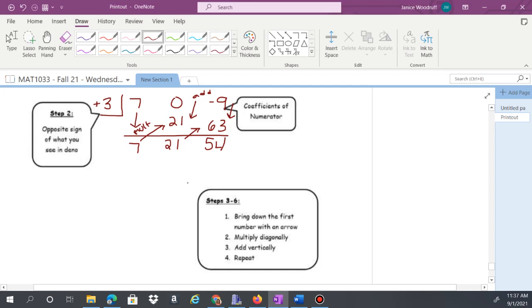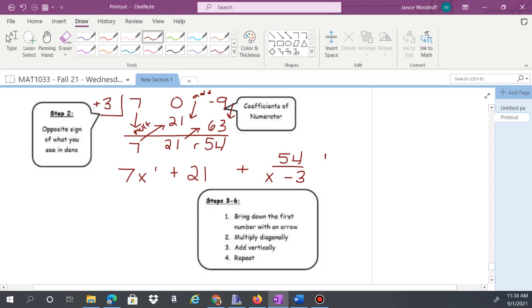Now, you write your answer. Your answer is 1 degree less than what you started with. So we started with x squared, which means this is going to be x to the first. So this is going to be 7x to the first plus 21, and then we have a remainder of 54. How you write your remainder is going to be like this, plus 54 over your denominator, which was x minus 3.